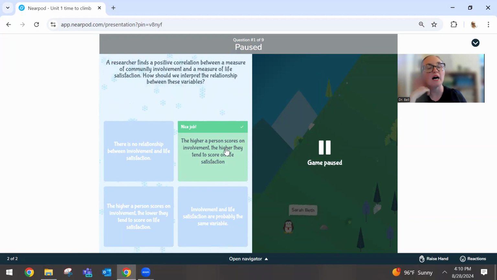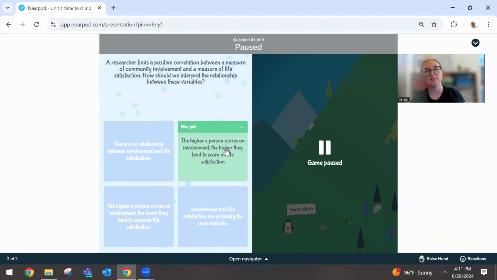We have a positive correlation between community involvement and life satisfaction. That means the higher that you are on one, the higher that you are on the other. A negative correlation means the higher you are on one, the lower you are on the other. So there might be a negative correlation between self-esteem and depression.